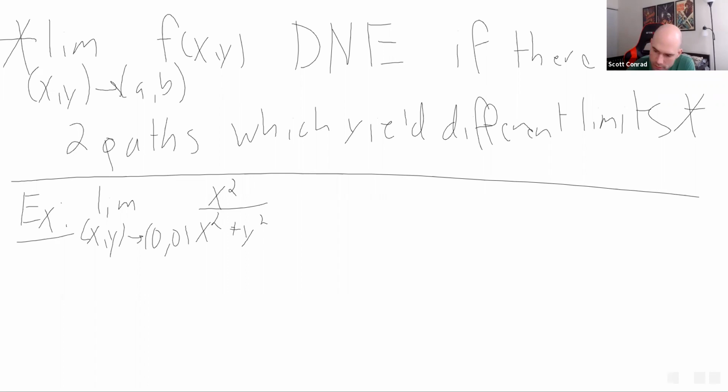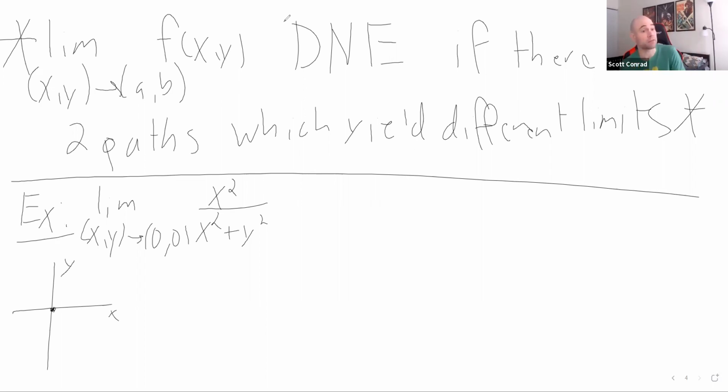So let's look at the limit as (x, y) approaches (0, 0) of the function x squared over x squared plus y squared. So we're approaching (0, 0).